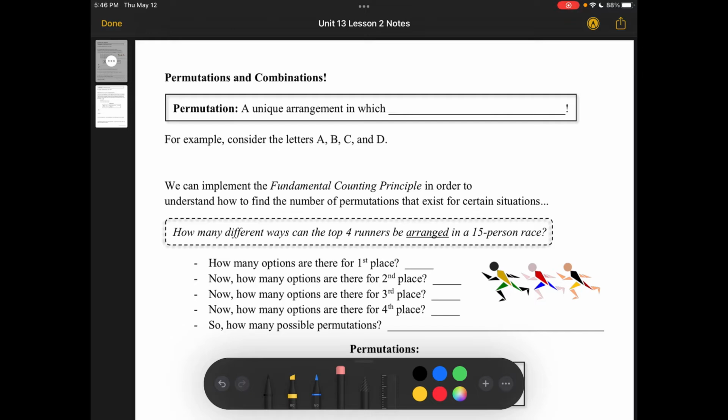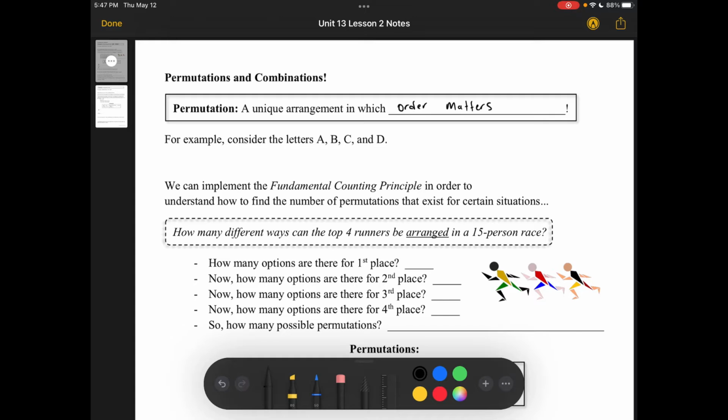A permutation is a unique arrangement in which the order matters. So the order matters. For example, if we're looking at these letters, A, B, C, and D, I can put these in a bunch of different orders. Let's just say I'm picking two of these letters.